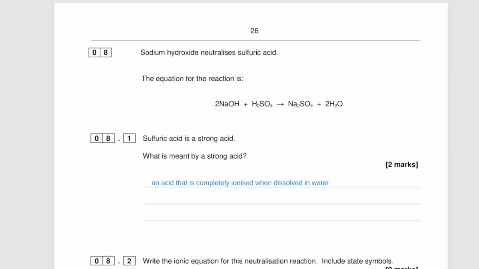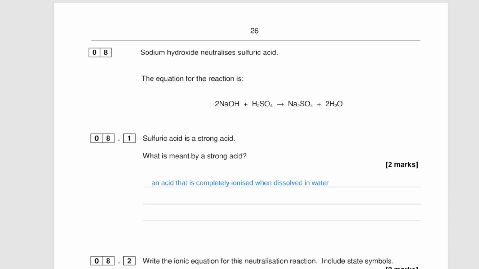Next up for question 8, sodium hydroxide neutralizes sulfuric acid. The equation for the reaction is 2NaOH plus H2SO4 into Na2SO4 plus 2H2O. And then we're asked what is the definition of a strong acid, which has just been a definition in your textbook that you need to remember, and that is an acid that is completely ionized when dissolved in water.